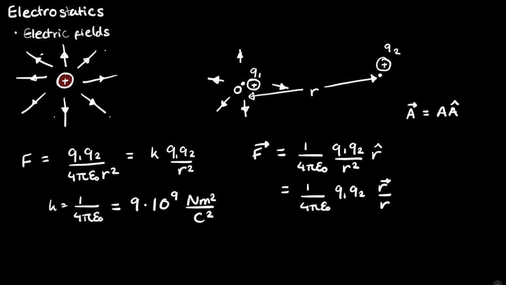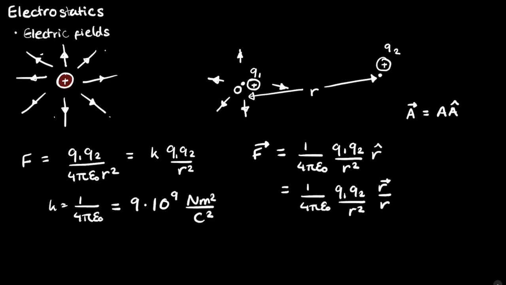So I've re-expressed this as 1 over 4 pi epsilon naught q1 q2 r hat overall, all divided by r squared. That's an alternative way of representing it, and often you actually know what r hat is a little more often than r vector. So it might actually be easier when solving problems to use this equation right here than this equation right here.